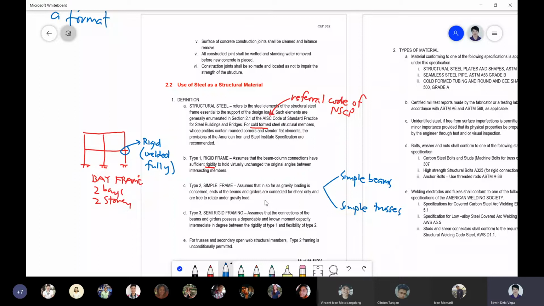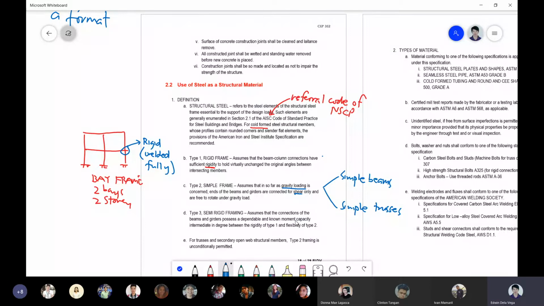These are actually used only for gravity loading, and the ends of the beams are only connected to resist shear forces and maybe a slight moment. But normally we are purely dealing with shear forces here. So while a rigid frame is applicable to a building frame or a bay frame, your simple frame is applicable to simple beams and simple trusses.